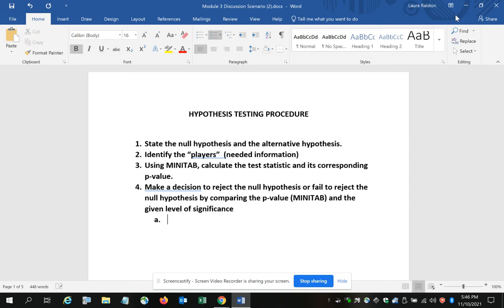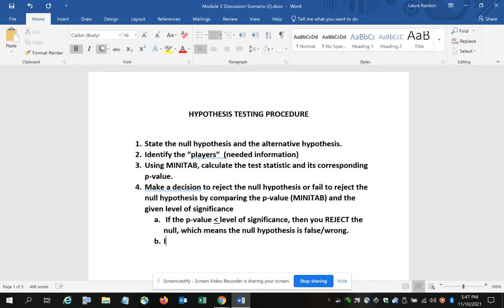It says if the p-value is less than or equal to the level of significance, then you reject the null, which means the null hypothesis is false or wrong.